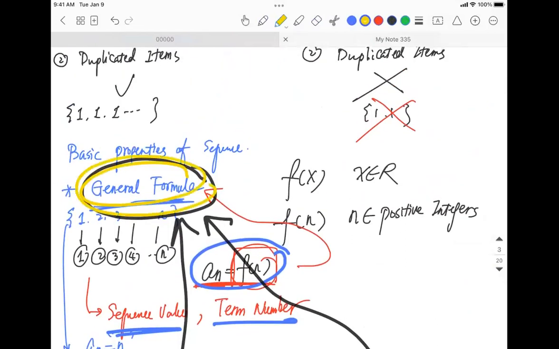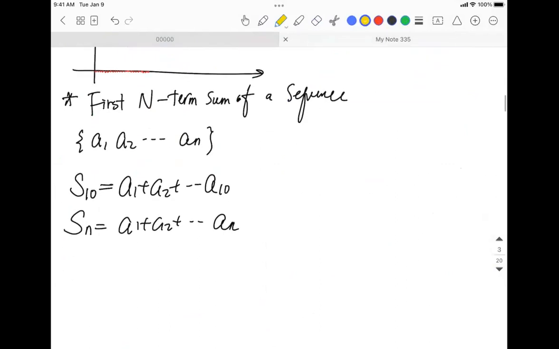In real problems, from time to time, the question gives you a sequence, and you can determine either the recurrence formula or the general formula. Taken from there, you use either formula to help determine the first n-term sum.